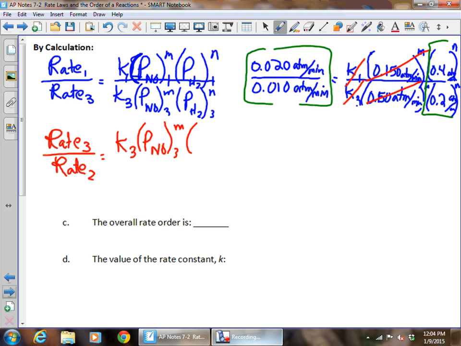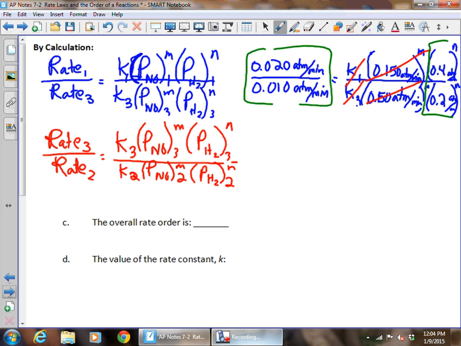Make sure you're writing it with parentheses and not with brackets. Make sure you're using NO and H2 and not A and B like I almost did earlier. It's very easy to go into default mode. So these are supposed to be 2's.